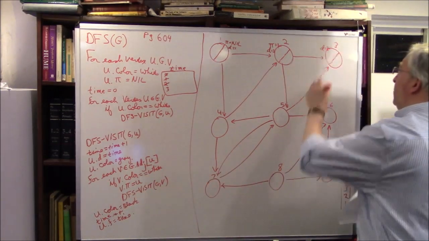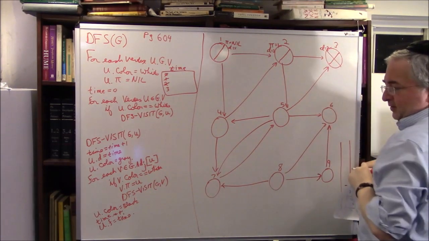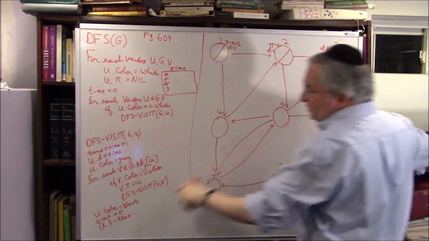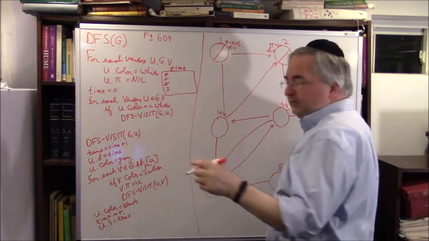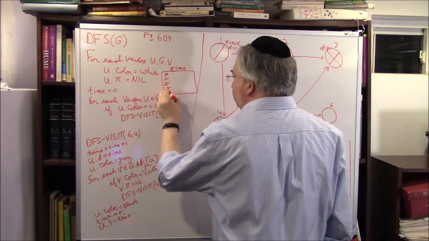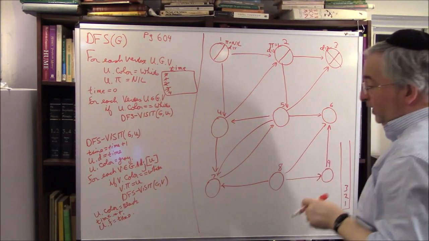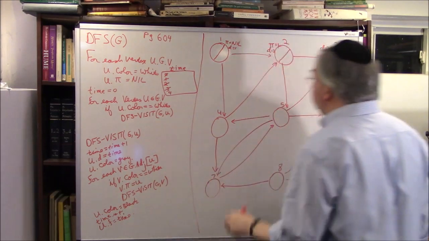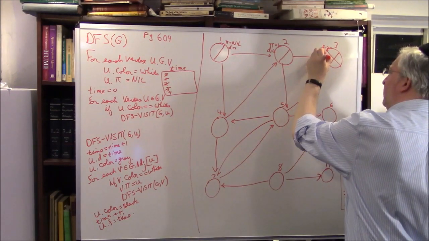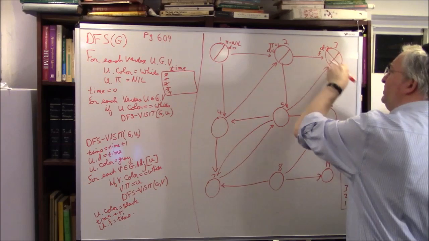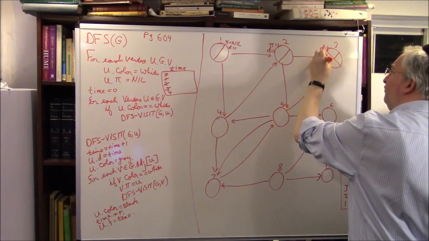Then look what we do. Color is equal to black. Time plus plus. I used a little C++. The book does that. So this becomes 4. U dot f is equal to time. F, that's the final time. When did this become black? At 4.